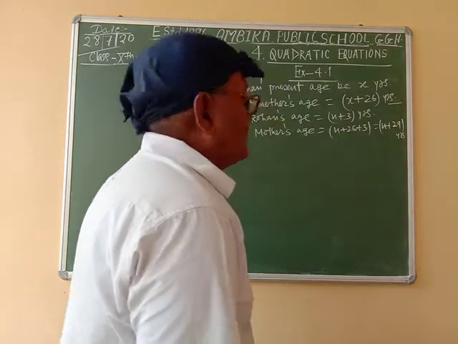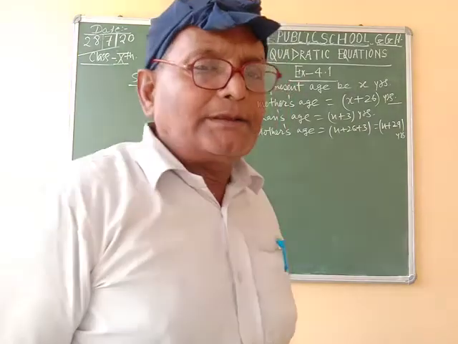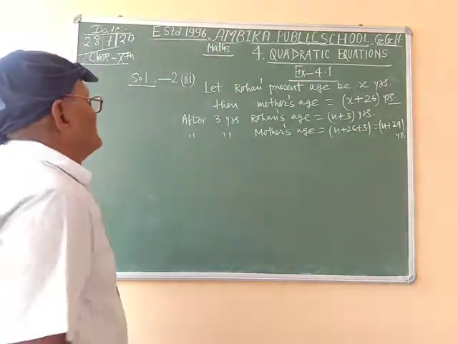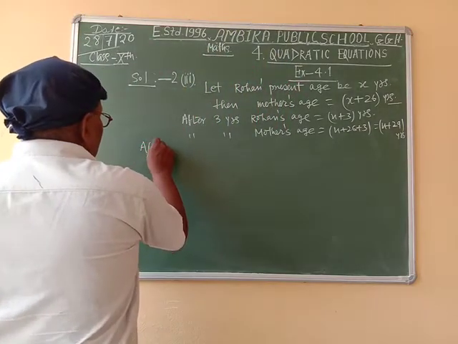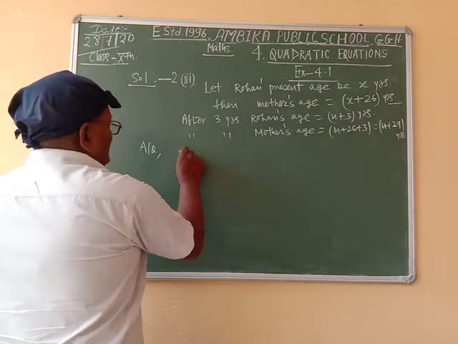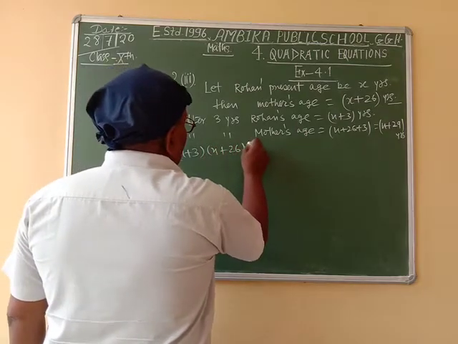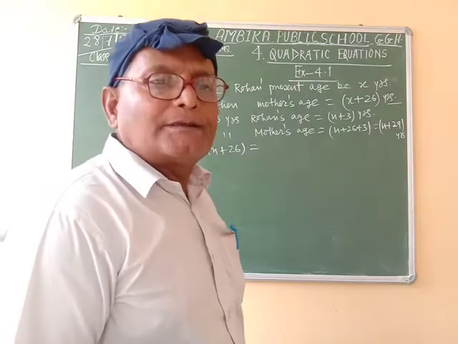Now the product of their age after 3 years is 360. So according to condition, x plus 3 into x plus 29 is equal to 360.